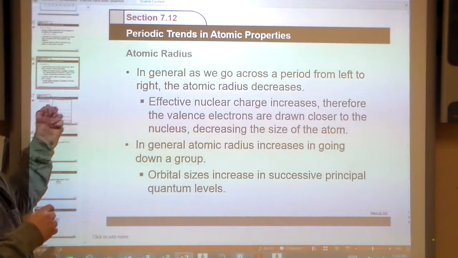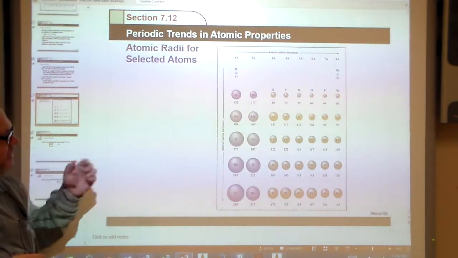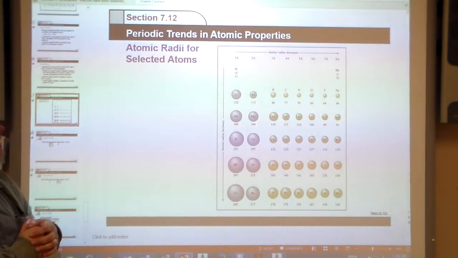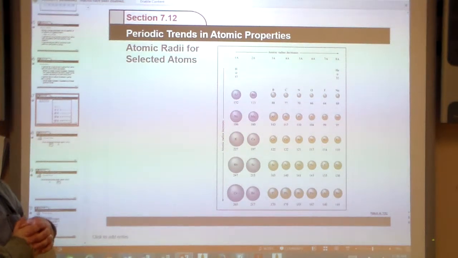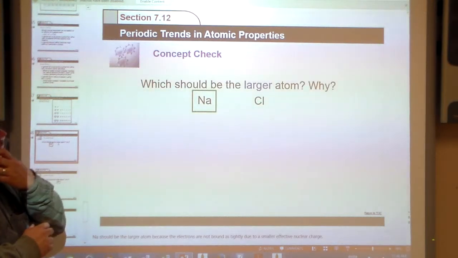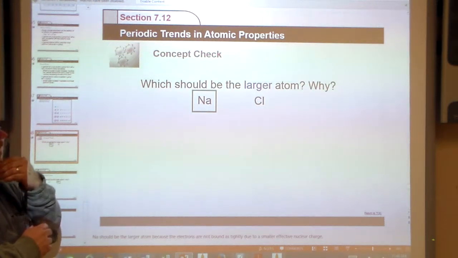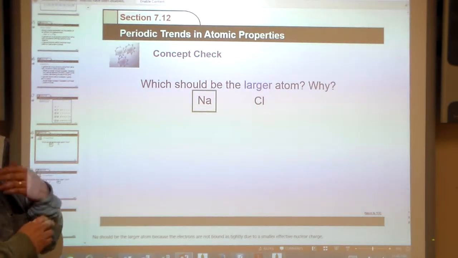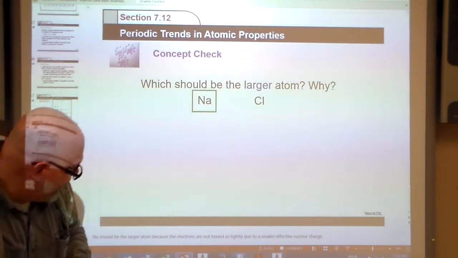This is kind of a review from Chem, and here are some examples of atomic radii for some selected atoms. So when we look, which one would we expect to be the larger atom, and why? Well, it's going to be sodium compared to chlorine.